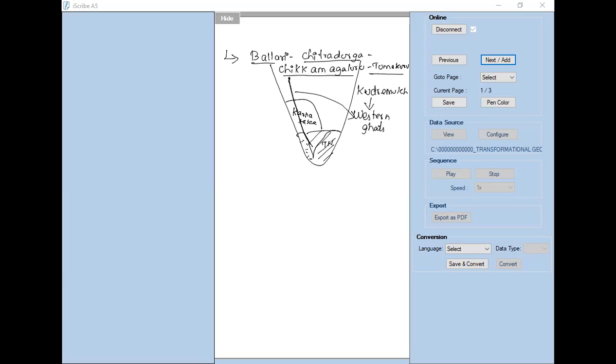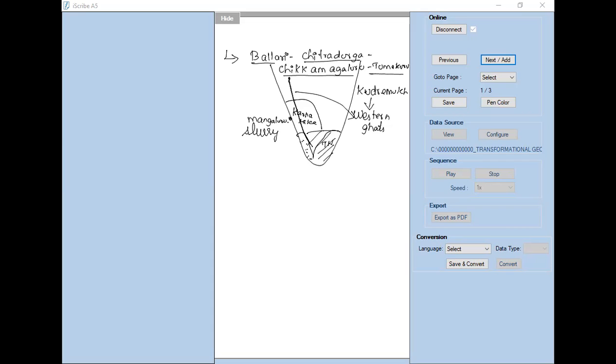And in Karnataka we have a port called Mangaluru. From Kudremukh, this ore is transported to the port near Mangaluru through the pipeline, in the form of slurry. Slurry means liquid. So this is about Karnataka.